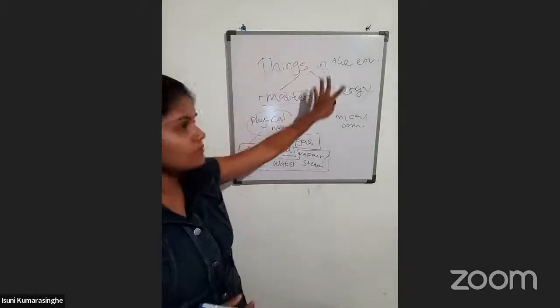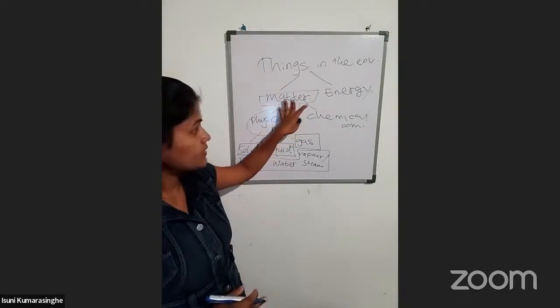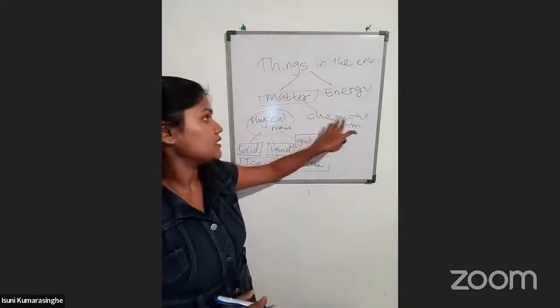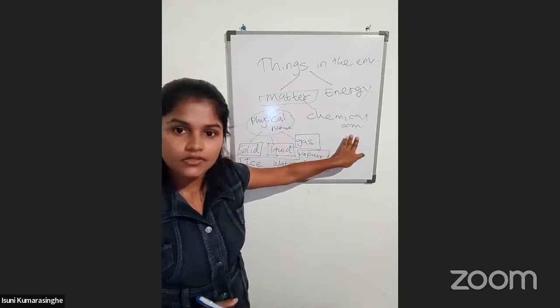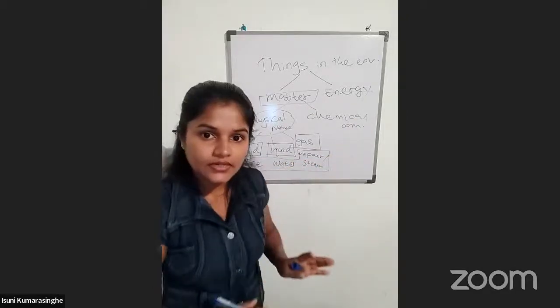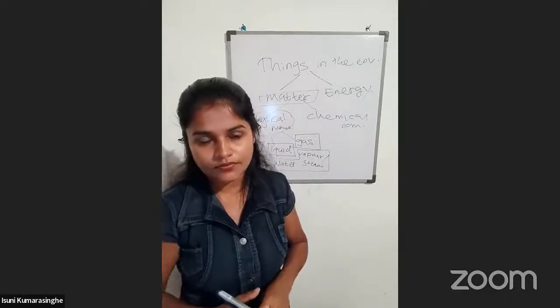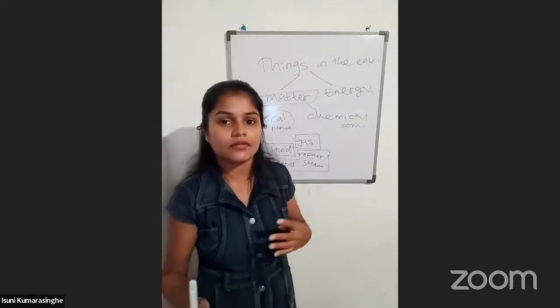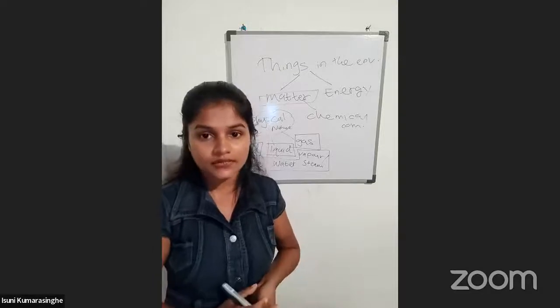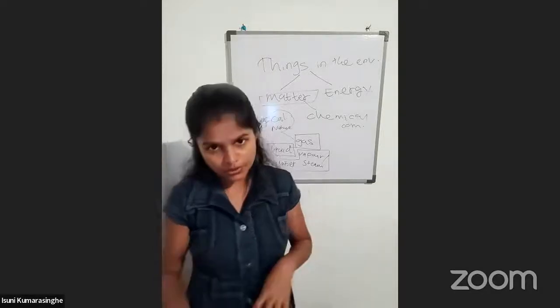Things in the environment, the matter things, we can categorize according to their chemical composition. Matter differs in its chemical nature. Their chemistry is different from one thing to another.